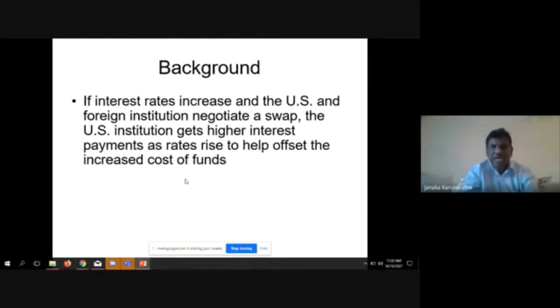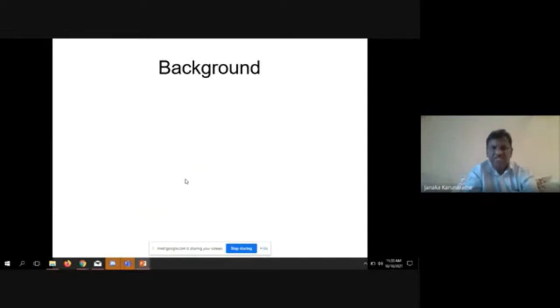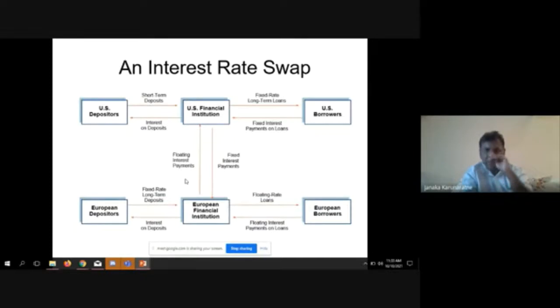Now let's look at how the parties get the benefit. Let's say the interest rate increases and the US and foreign institution negotiate a swap. The US institution gets higher interest payments as rates rise, to help offset the increased cost of funds.